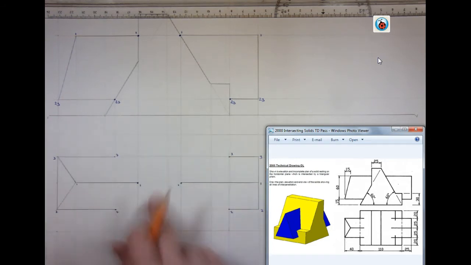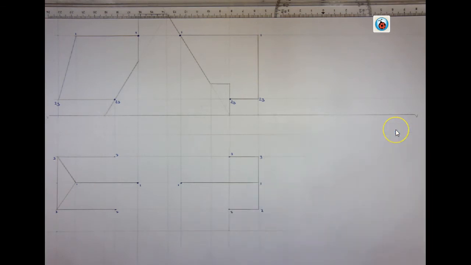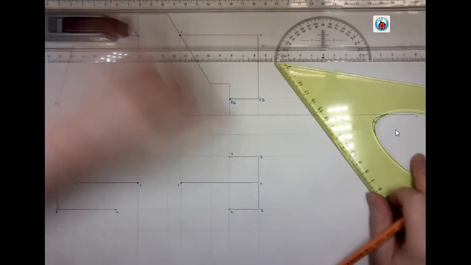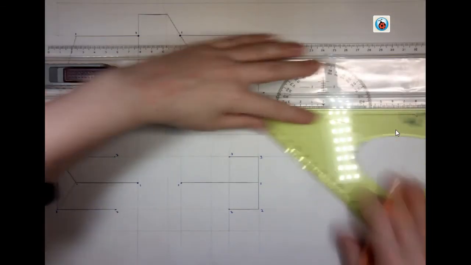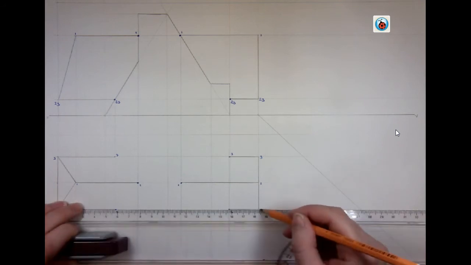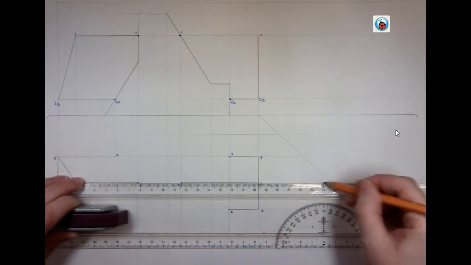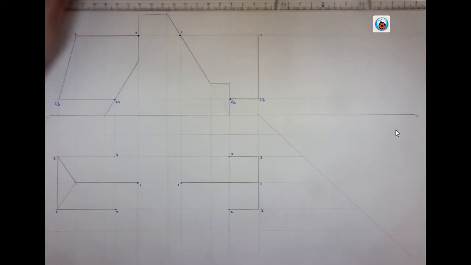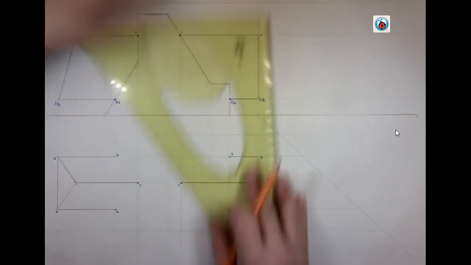Now, in order to get the rest of my shape, I must get a side view. From the point on the right, we're going to go at 45 degrees. From that point, we're going to draw horizontal lines. And from each of those points, we're going to go up vertically.